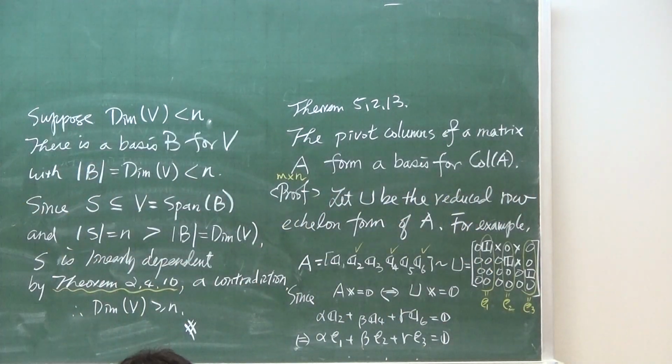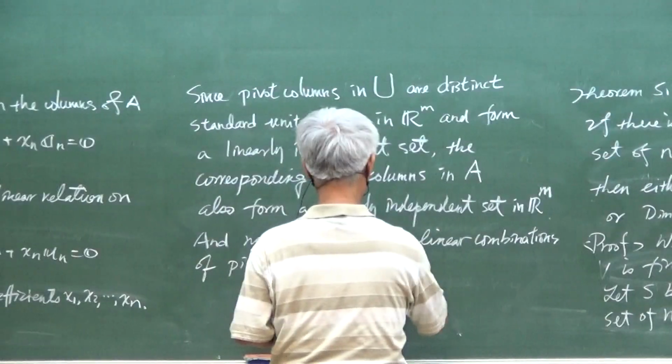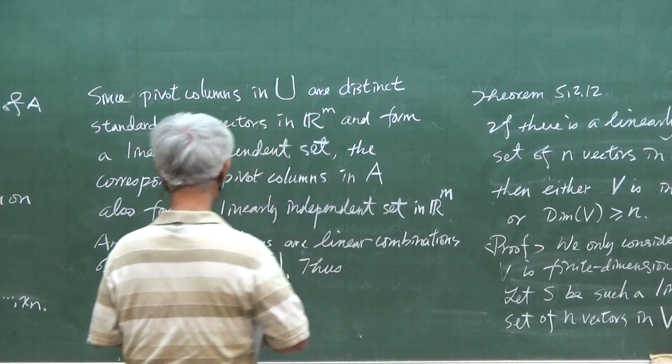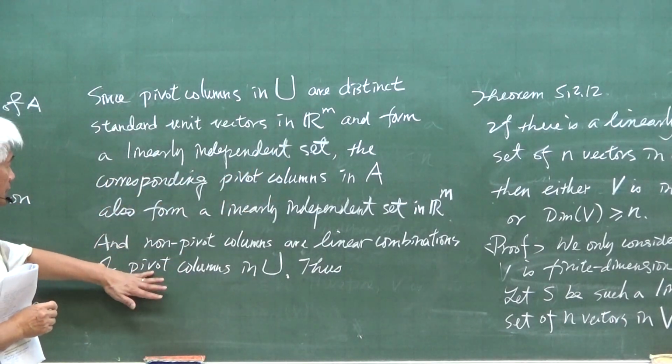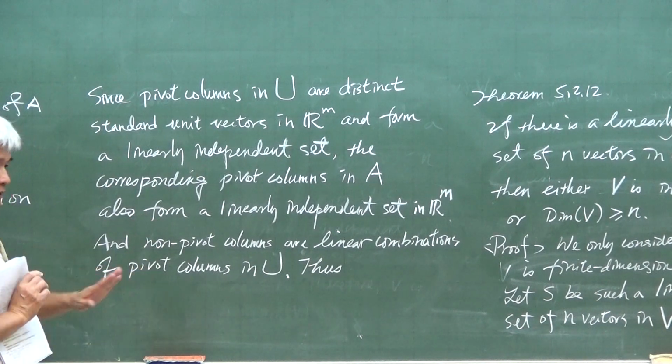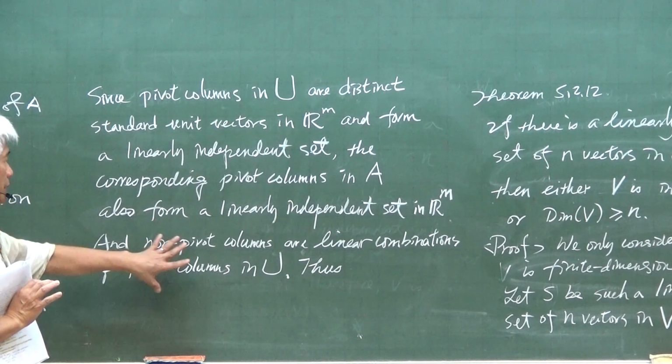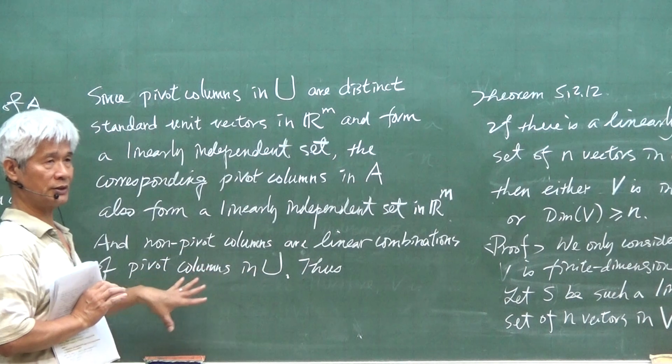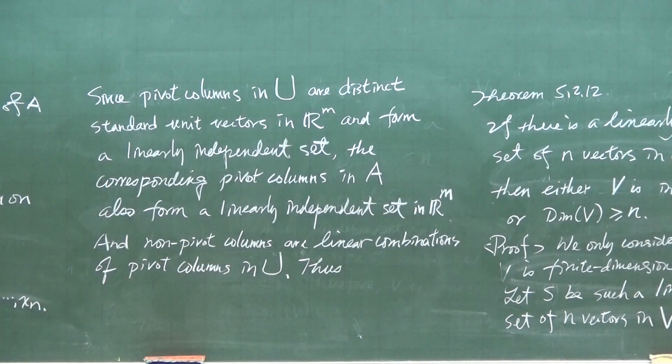So non-pivot columns are linear combinations of pivot columns in U. So pivot columns and a non-pivot column can form a linear relation, because when it can be expressed as a linear combination, then they will form a linear relation.